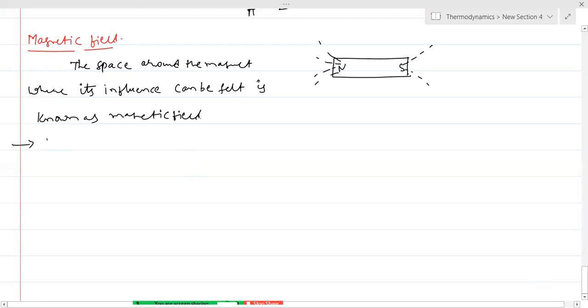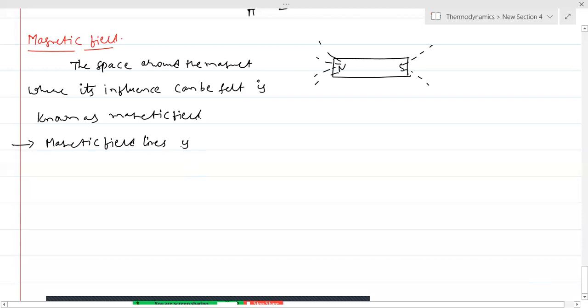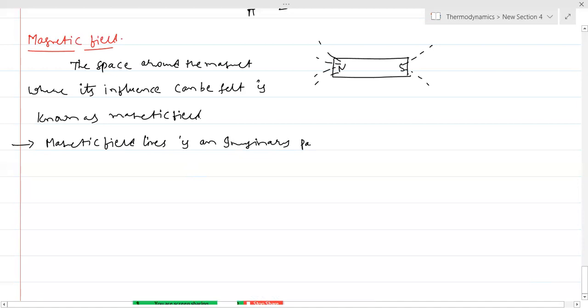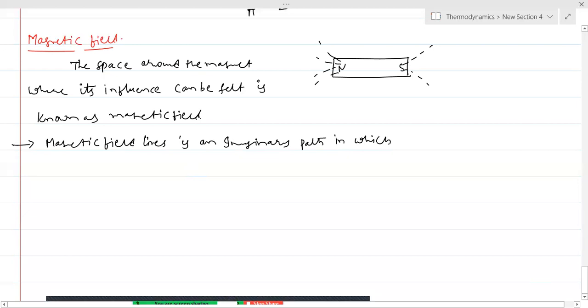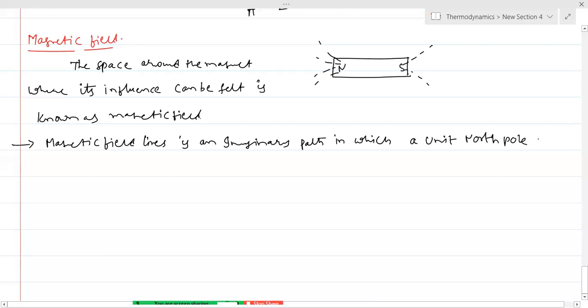So here we are taking that the magnetic field line is an imaginary path in which a unit north pole moves in a magnetic field.